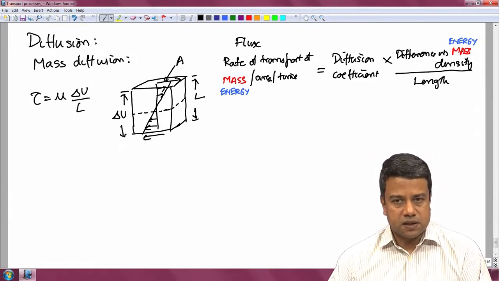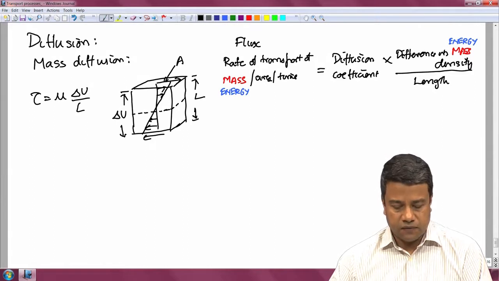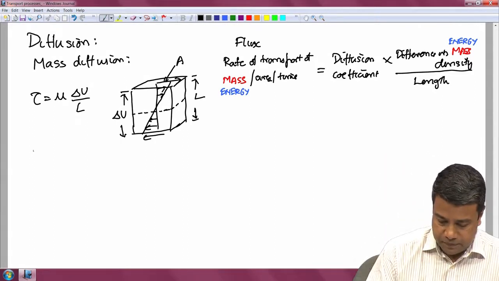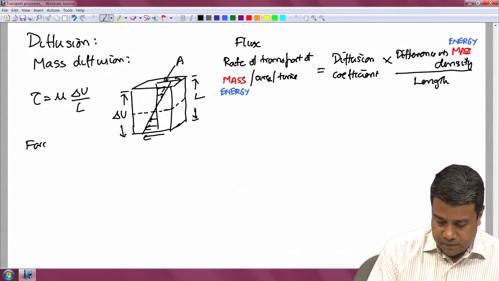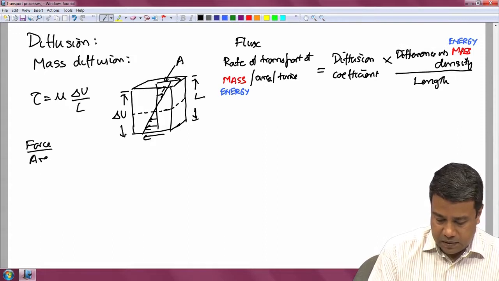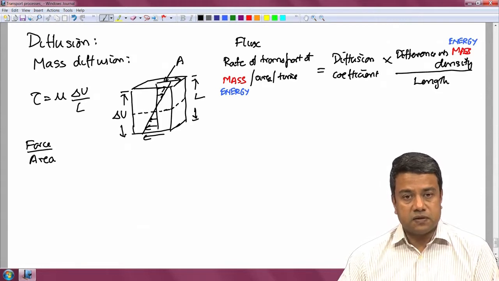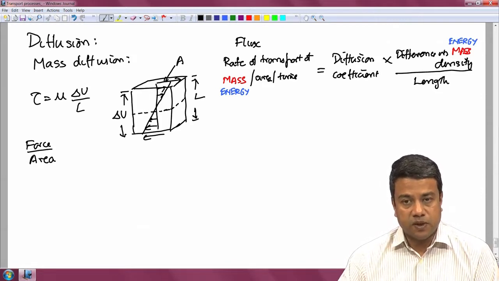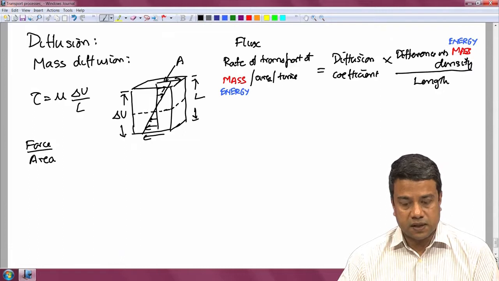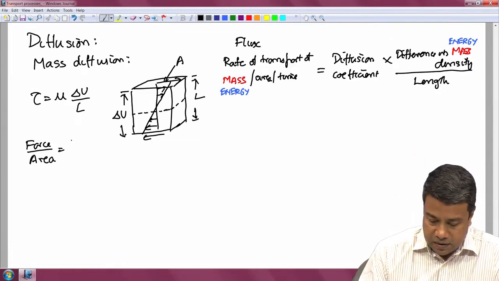Shear stress is the force exerted per unit area. Force is a rate of change of momentum. Change in momentum per unit area per unit time.